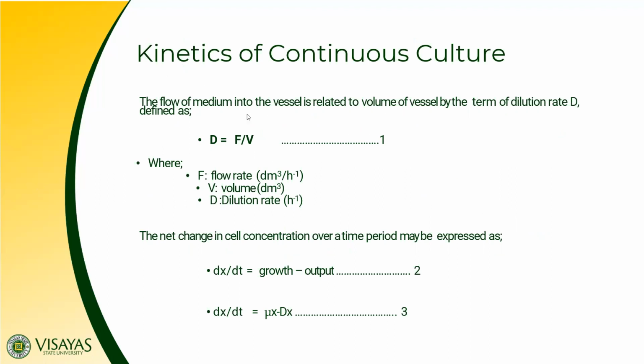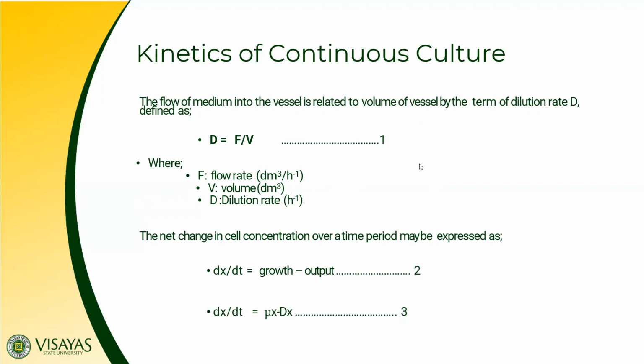Okay, D, defined as the dilution rate, is equal to the flow rate over the volume of the total vessel. So again, the dilution rate is equal to the flow rate over the volume of the vessel.